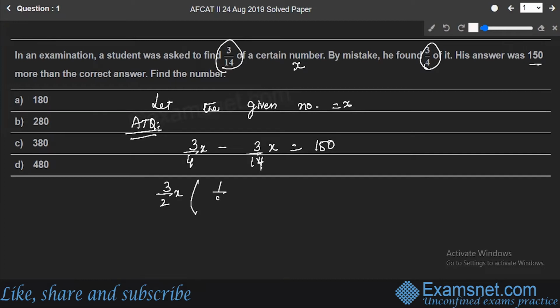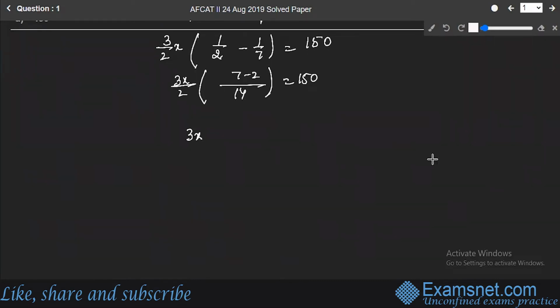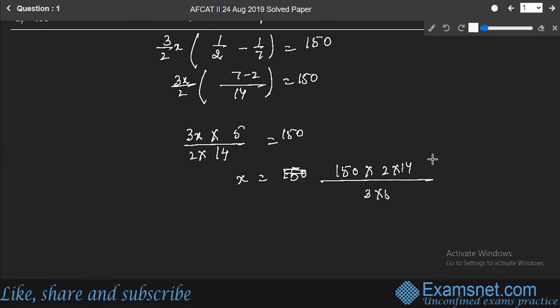You will be left with 1 by 2 minus 1 by 7 is equal to 150. So 3x by 2 into, you will have 14, 7 minus 2, is equal to 150. 3x into 5 upon 14 into 2 is equal to 150, or x will be equal to 150 into 2 into 14 divided by 3 into 5.